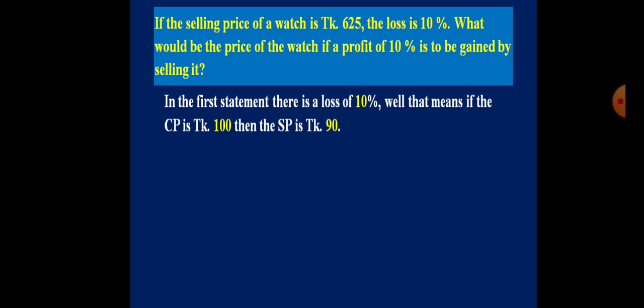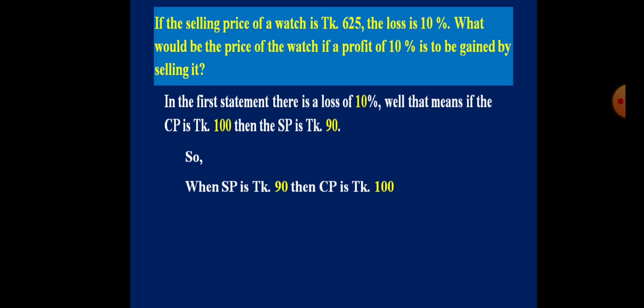Okay, in the first statement there is a loss of 10%. Well, that means if the cost price is taka 100, then the selling price is taka 90. You all know that a loss of 10% means cost price 100, then selling price 90. So when the selling price is taka 90, then the cost price is taka 100. As we are given in the first line, our selling price is 625, we need to find the cost price.